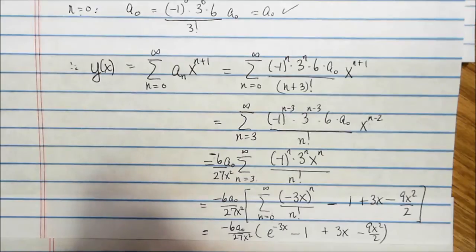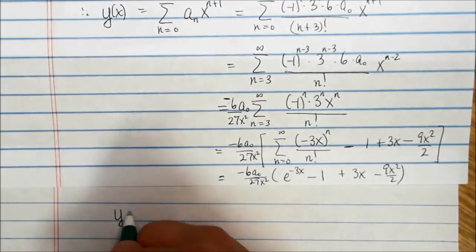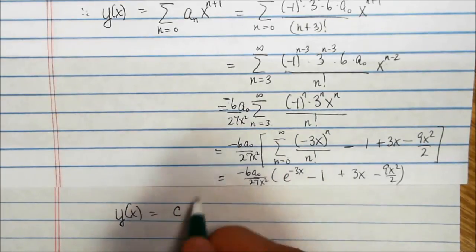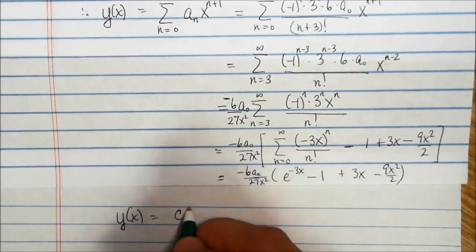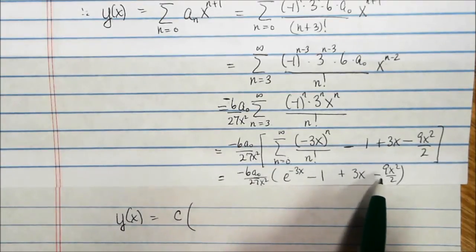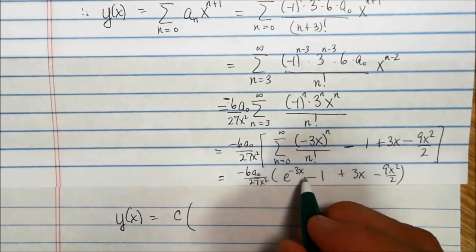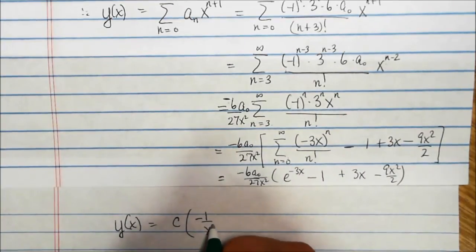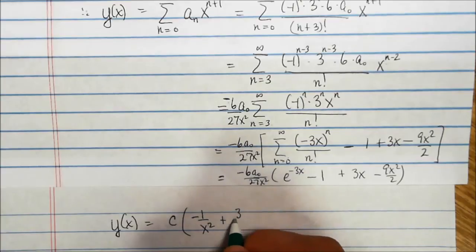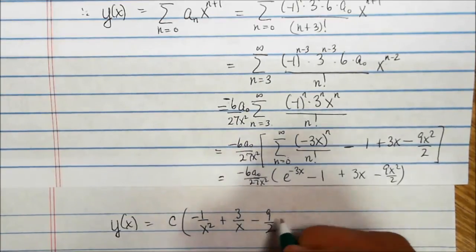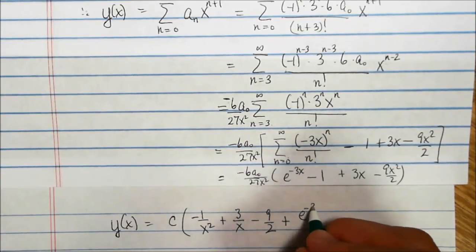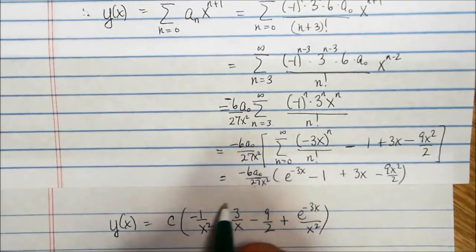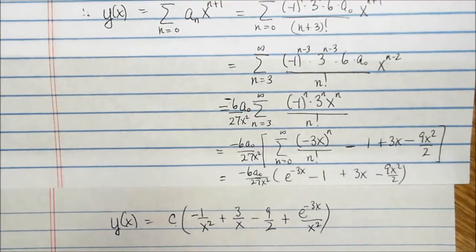And so we get that y of x is equal to, this is a constant. Then if I divide by x squared, I get negative 1 over x squared plus 3 over x minus 9 halves plus e to the minus 3x over x squared, where I've taken the 6a naught over c2 and just called that a constant c.